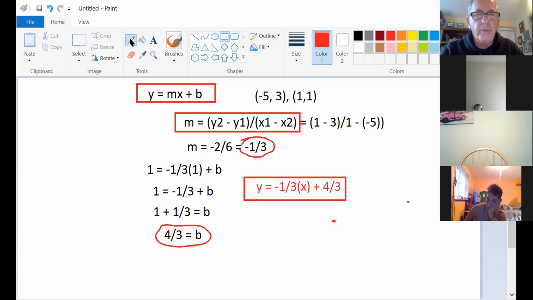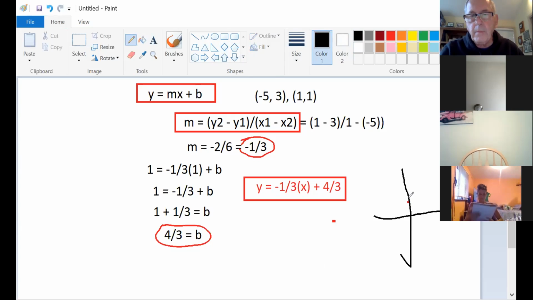And it's just to make sure you did it right. Then you can go ahead and actually graph it, right? Sloppily graph it like I've got here. And so if you had a -5 and a 3, it would be over here. And this is 1 and 1, so it would be here, right?